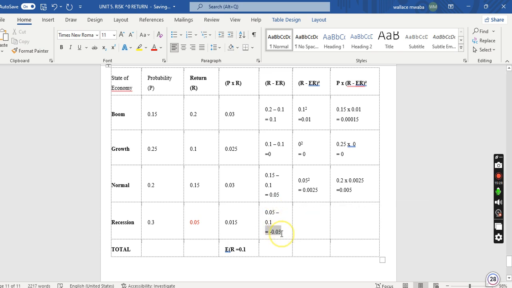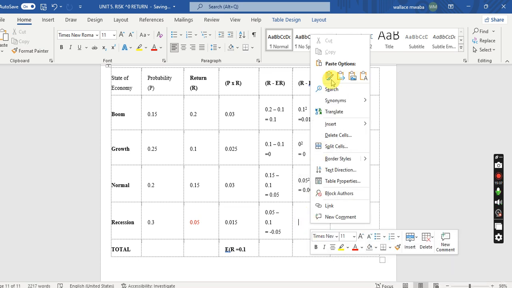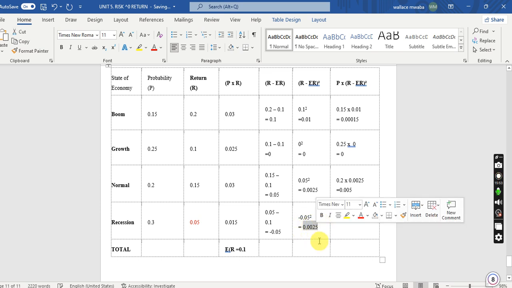Then we square this negative 0.05, and we get again 0.0025.